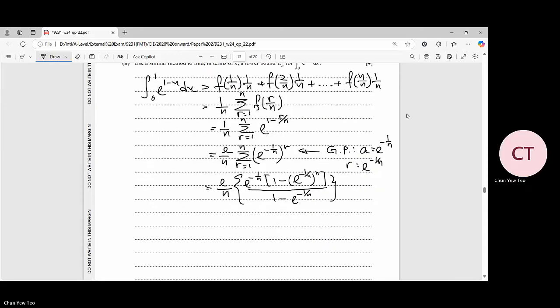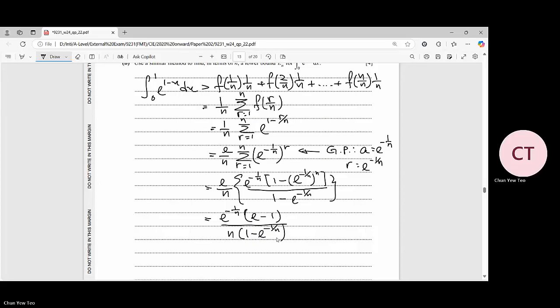Now we can go a little faster. Basically, the idea is the same. It will be e minus 1 over n times 1 minus e power negative 1 over n. You will get something like this.